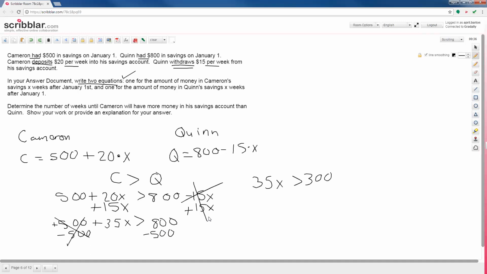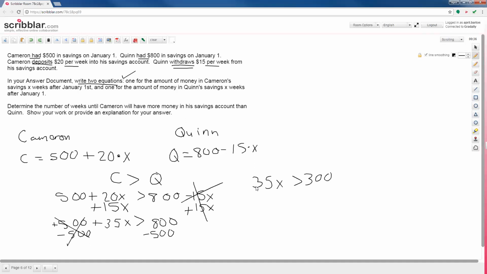We still want to do an opposite, but we only want the opposite with the 35. Before, when we had variables on both sides, we had to add 15x over. Here, we just want to do the opposite to get rid of the 35 only and leave the x. So this one's kind of the last tricky one.